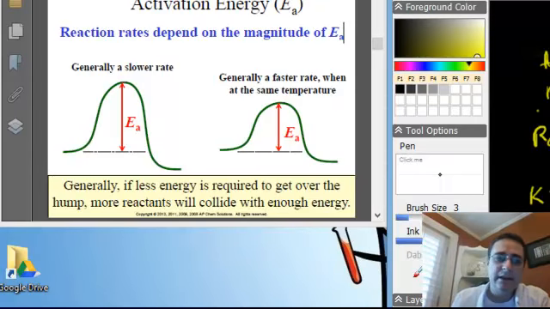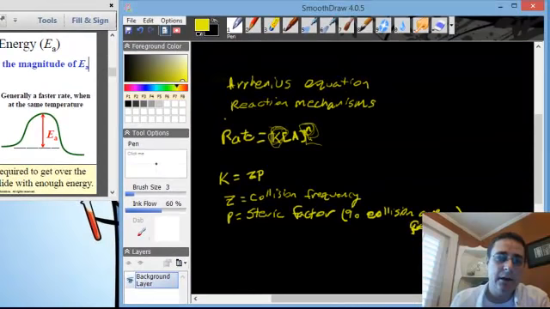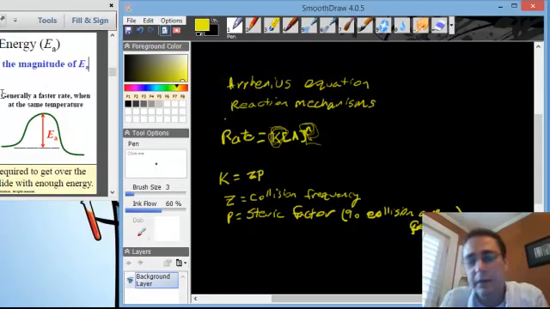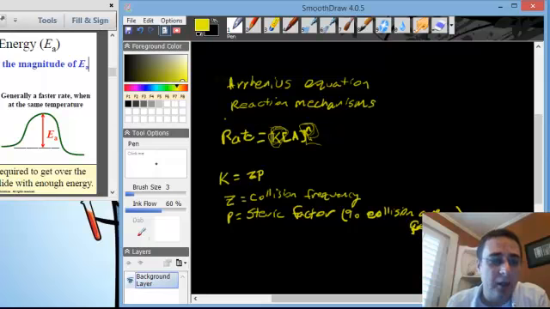So if you take a second and look at this small slide that I have open to the left here, this is an enthalpy diagram, which we've talked about in class, and it's showing the enthalpy diagram for two reactions, right? So this first reaction here that my cursor is going around has a larger activation energy, and this second reaction here has a lower activation energy.